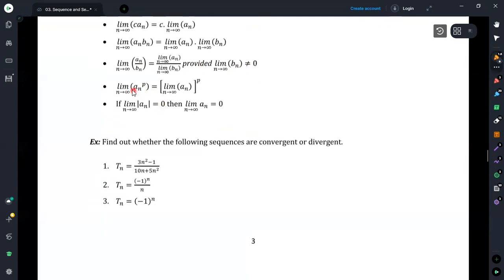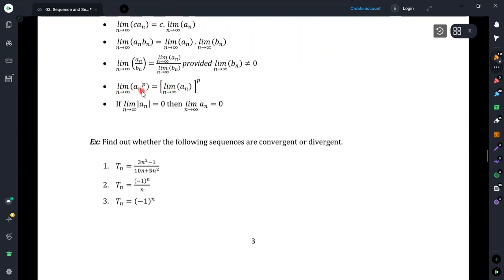And if you are considering the pth power of any given sequence, then if the existing sequence is a convergent sequence, the new sequence obtained by taking its pth power will also be a convergent sequence. It is because of the concepts of limit.